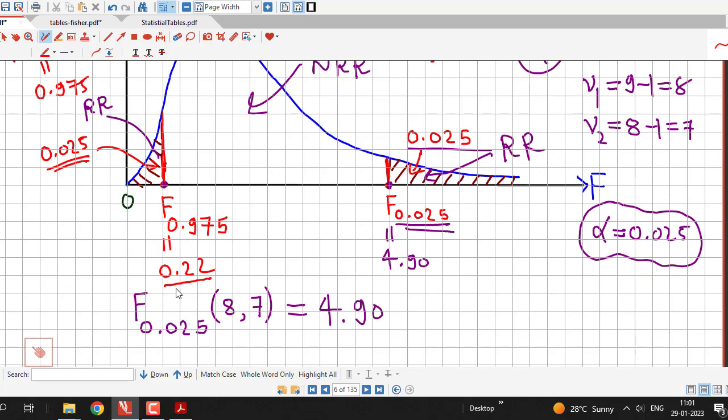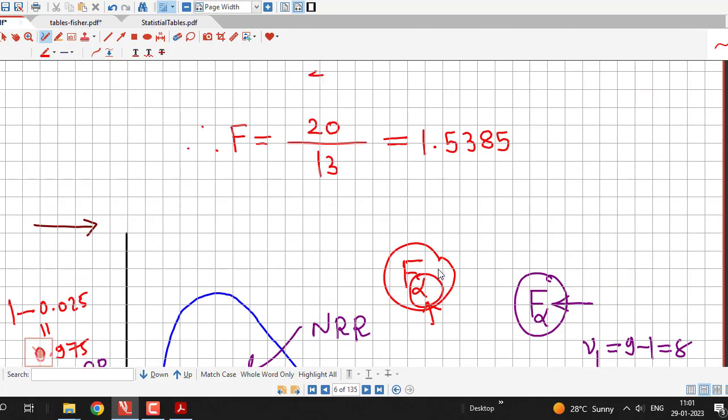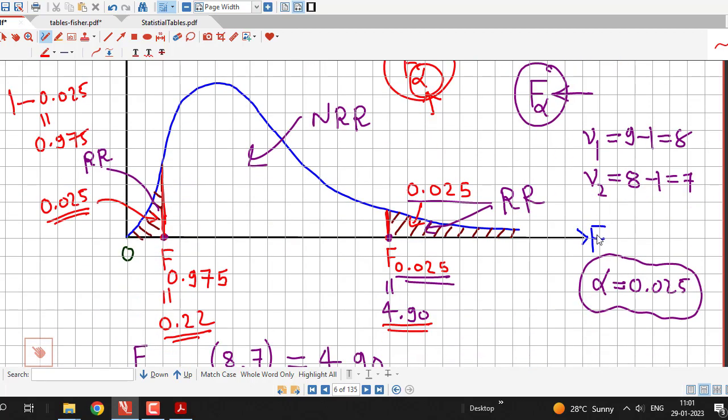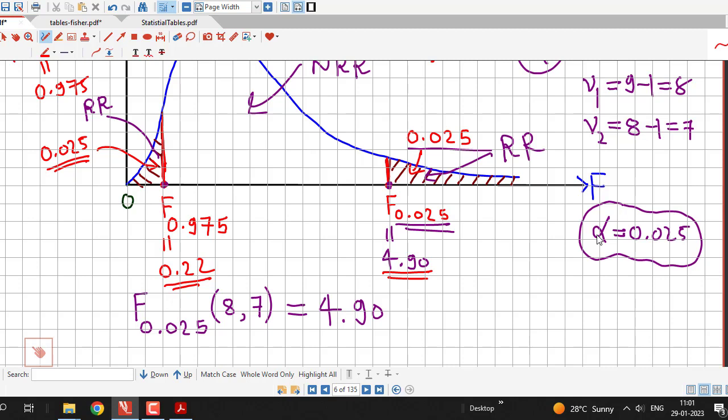So we have now these two critical points. This is 0.22 and this is 4.90, and I have to compare with the calculated value of the test statistic. If we round it up, then it is 1.54. So where is 1.54? Whether it is less than this or greater than this. So this is 0.22, this is 4.90.